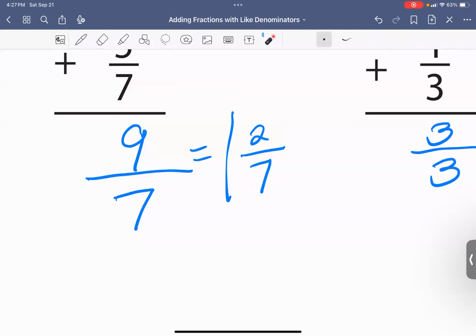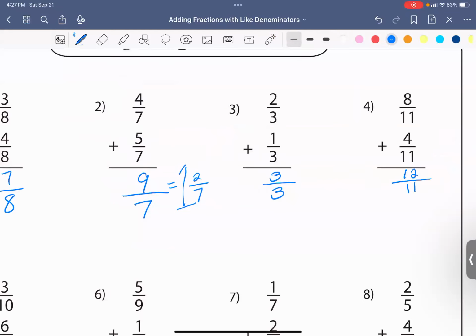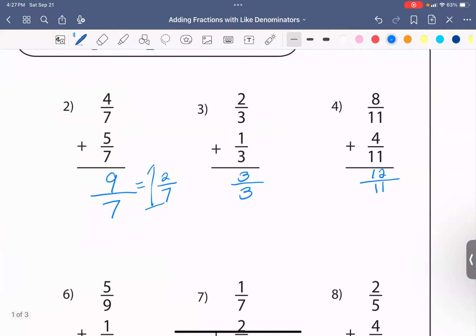So in simplest form, that means breaking the improper fraction down to a point where it cannot be broken down anymore. We get 1 2/7.